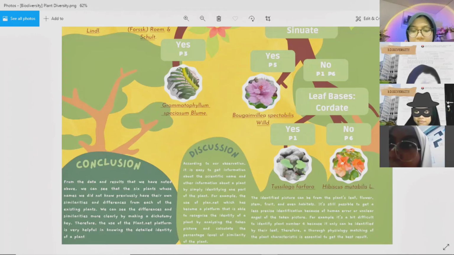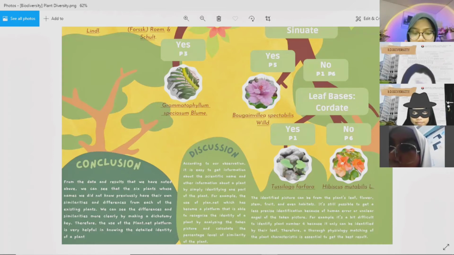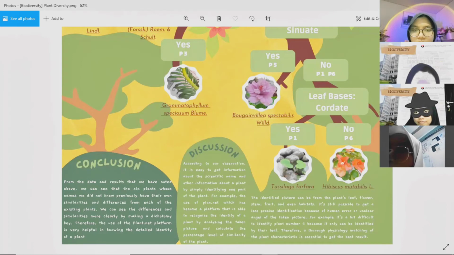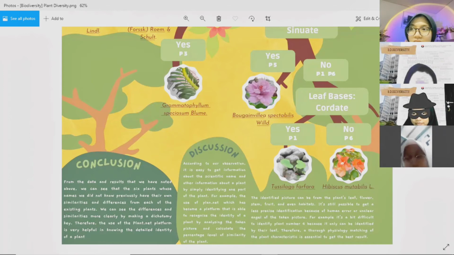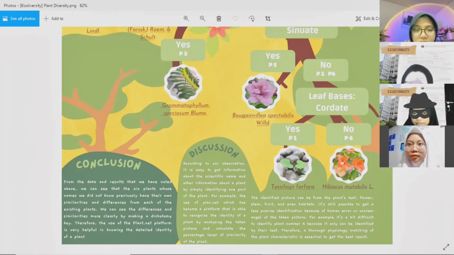The identified picture can be from the plant's leaf, flower, stem, fruit, and even habitat. It's still possible to get a less precise identification because of human error or an unclear angle of the taken picture. For example, it's a bit difficult to identify plant number 4 because it can only be identified by its leaf. Therefore, the plant's characteristics are essential to get the best result.